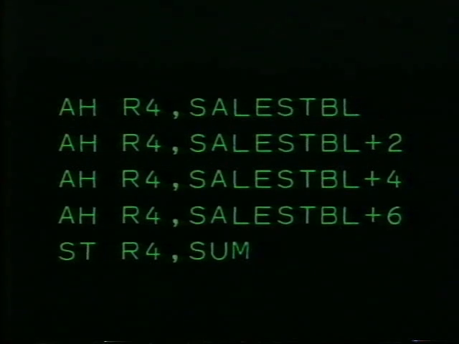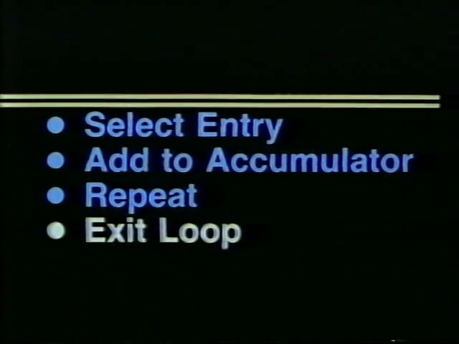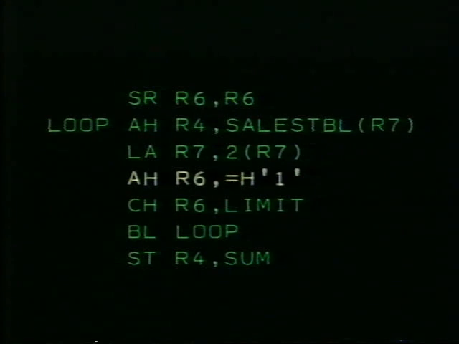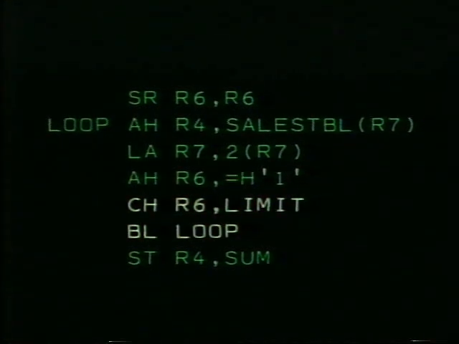What do we want here? We want a loop, a segment of code that will select a table entry, add it to the accumulator, and then repeat the same thing with the next table entry. It will exit from the loop at the proper time. Using instructions you've already learned, you could set up a loop that counted the number of values you added and then branched out of the loop after you added 4 values.